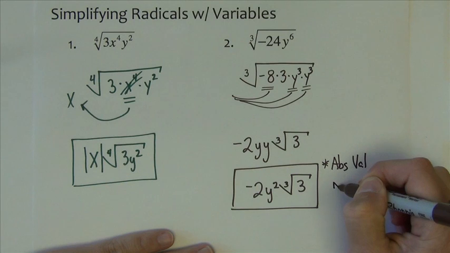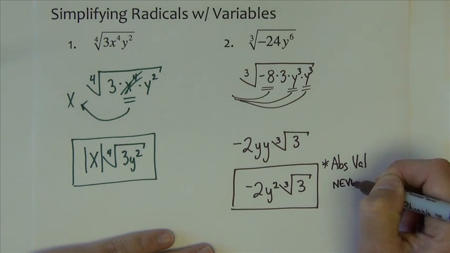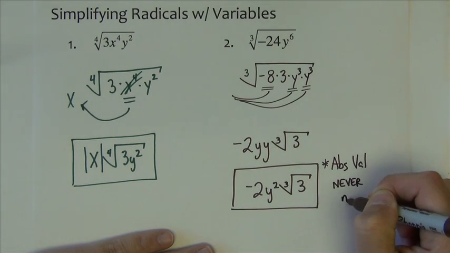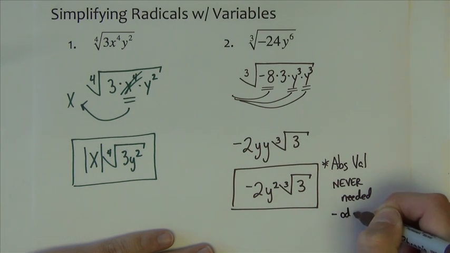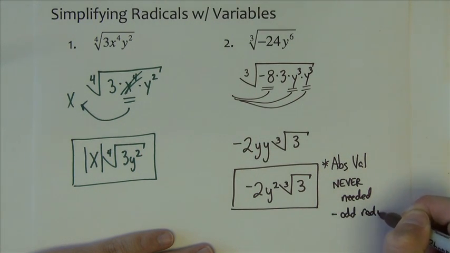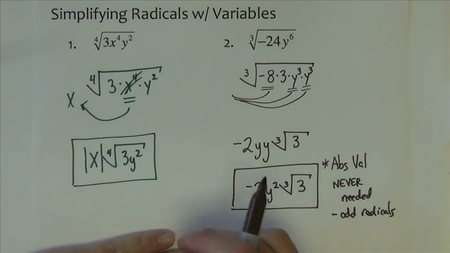So absolute value is never needed with odd radicals. Okay, so cube roots, fifth roots, seventh roots, etc., on up.